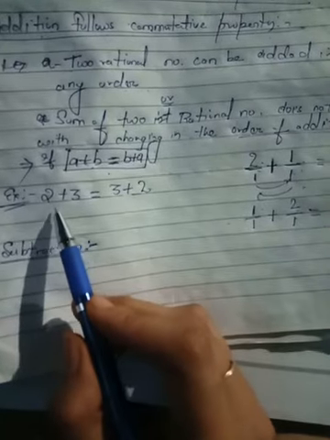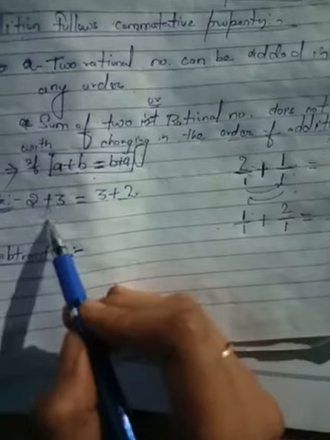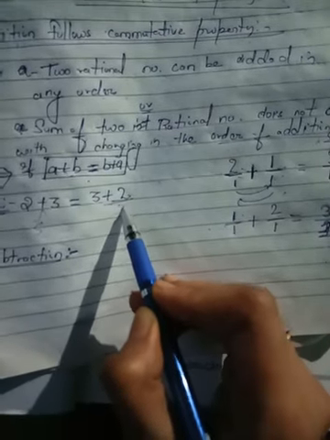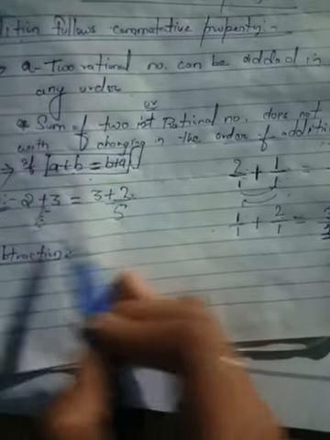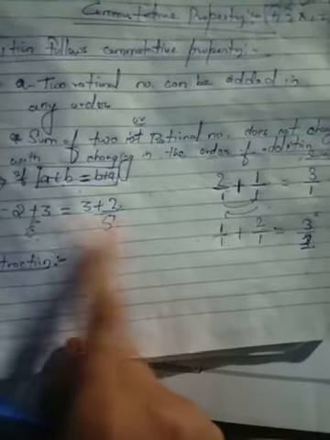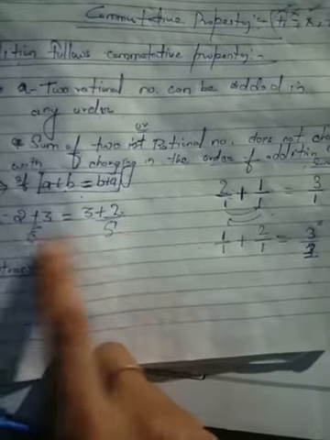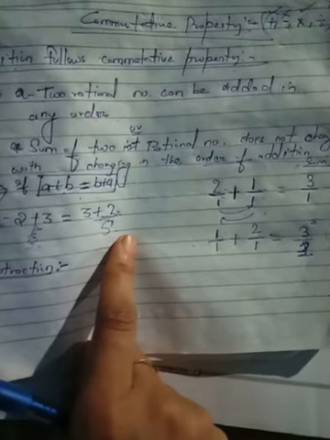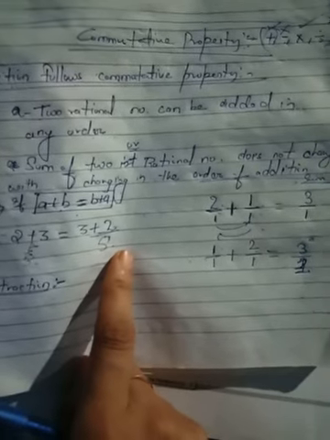One more example. See, 2 plus 3 gives 5, and 3 plus 2 gives 5. So the sum is always 5, whatever you do. Changing the position, is it changing the result? No. Changing the order, is it changing the result? No. That means addition follows the commutative property. Hope you understood.